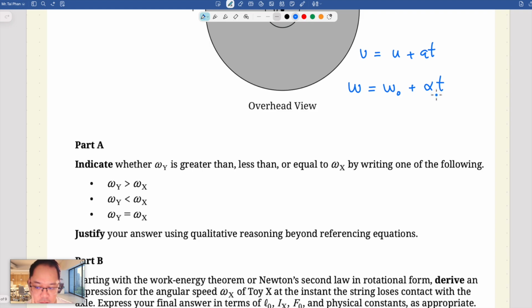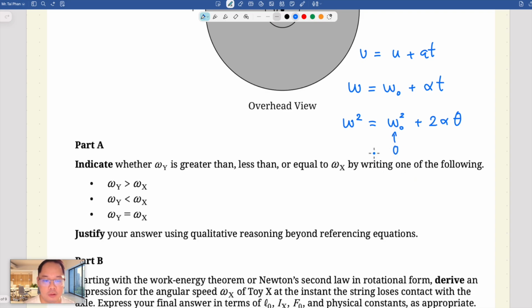But in this question, we don't know the time. The time is not given. Therefore, we use a different formula, omega squared equals omega 0 initial speed squared plus 2 times alpha angular acceleration multiplied by the angle that it rotates when the speed changes from omega 0 to omega. It started from rest, which means this omega 0 is 0.